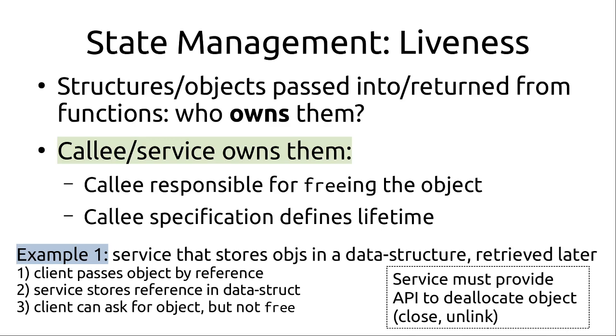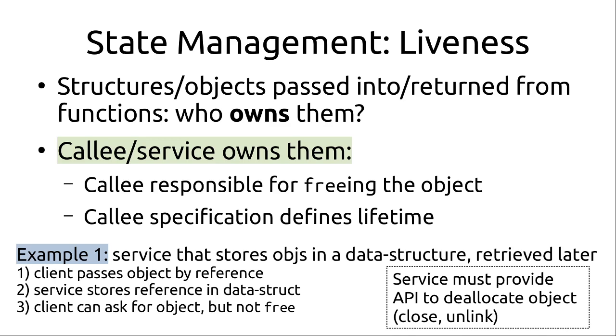So the client can now make perhaps another call in the API, which might give it ownership of that object back. So for instance, if we're pushing into a stack and then popping, with push, the owner becomes the service, the stack itself, right? But pop might return ownership to the client. So we know that we can't free it unless we own it on either side, right?